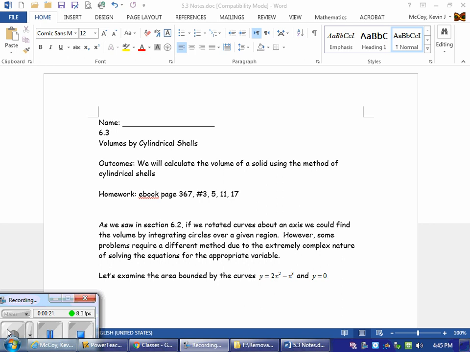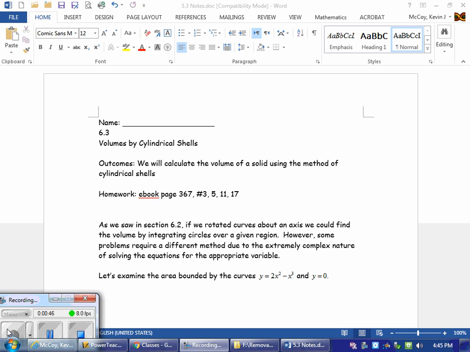Volumes by cylindrical shells. So, if you guys remember from Calc AB and BC, there was a way to take a function which is being revolved around an axis and find its volume. Typically, we would do that by slicing it, getting a whole bunch of either circles or washers, so disk or washer method.